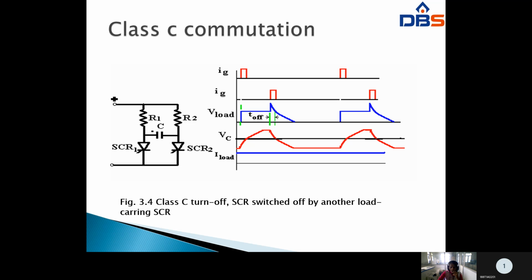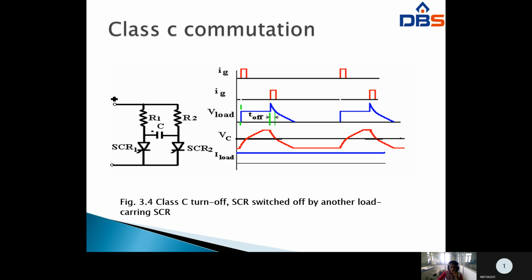So for example, when SCR1 is conducting, the capacitor will not charge. When SCR2 is conducting, the capacitor will be charging and discharges through SCR1.